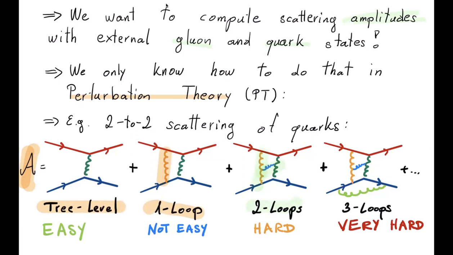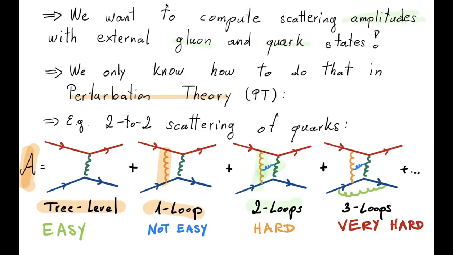And it is just a fact of life that the complexity of these diagrams that we compute grows very, very quickly with the number of loops. In general, you can say that computing tree-level amplitudes is easy. Computing 1-loop amplitudes is, well, today I would say it's not easy, but it's also not particularly tough anymore.